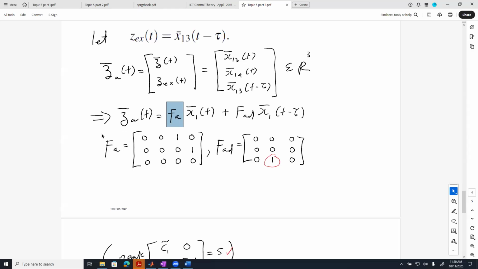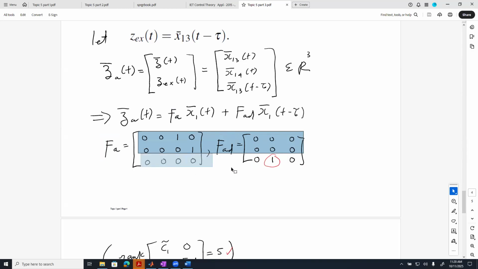But this is just so that we know that we actually have an additional row in here. Now have a look at FID. The first two rows were 0 because that's where the two unmeasurable stack variables, x bar 1, 3 and x bar 1, 4 are.